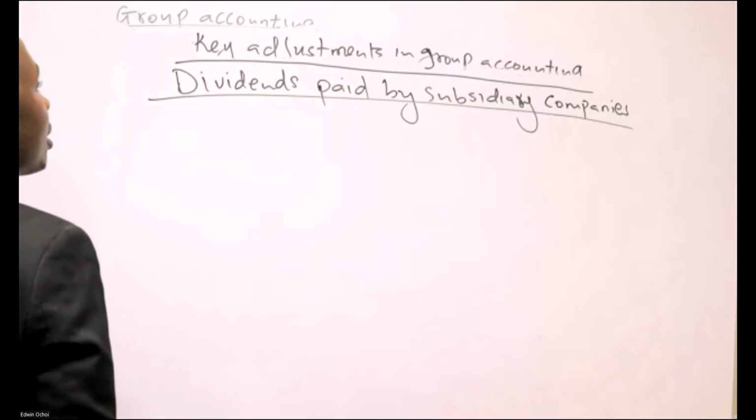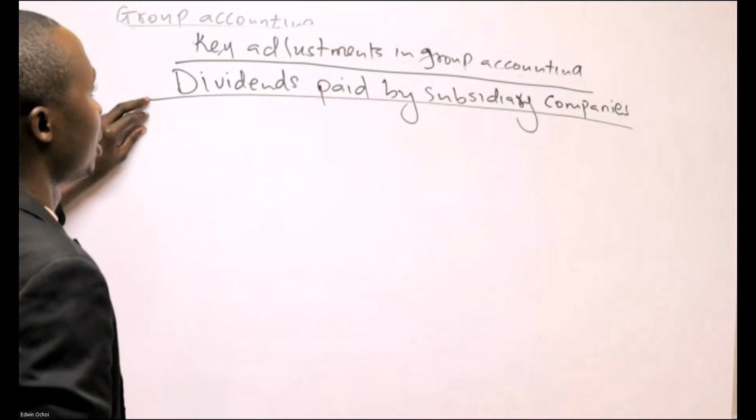So dividends paid by the subsidiary companies, that is another adjustment which is done.